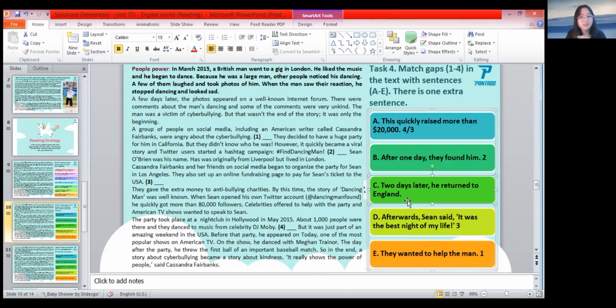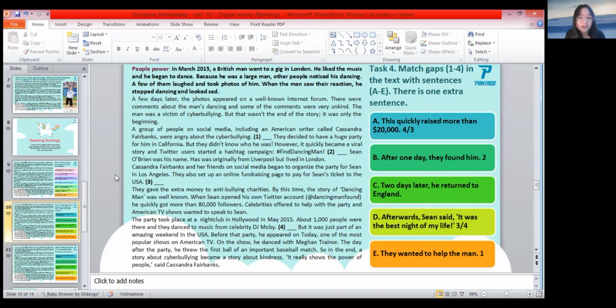He didn't return to England. So for gap number 4, I think D. It's the best answer for this gap. Afterwards, Sim said it was the best night of my life, but it was just part of an amazing weekend in the USA. That was perfect, I think.